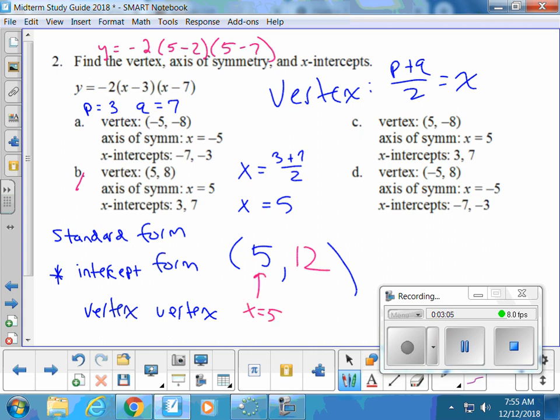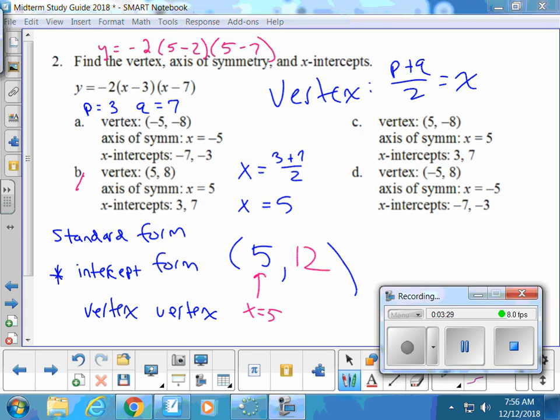So we need to look for our choices now. The vertex. Did I mess up? I must have. There's no choices that are 5, 12. Oh, it's 5, 8. How did I mess that up? Negative 2 out front times 3 times negative 2. I'm messing my calculations up. Let me pause the video while I figure out what I messed up.